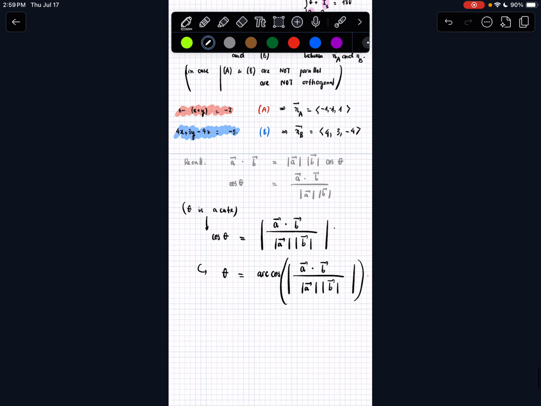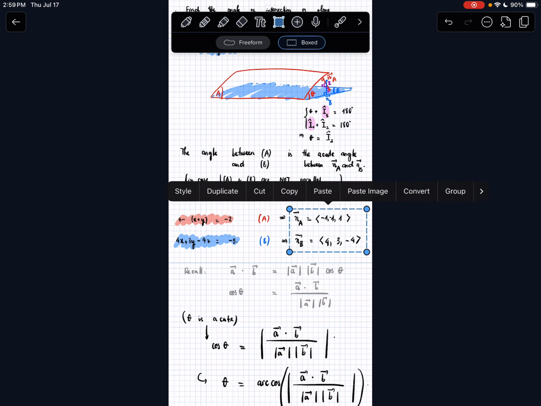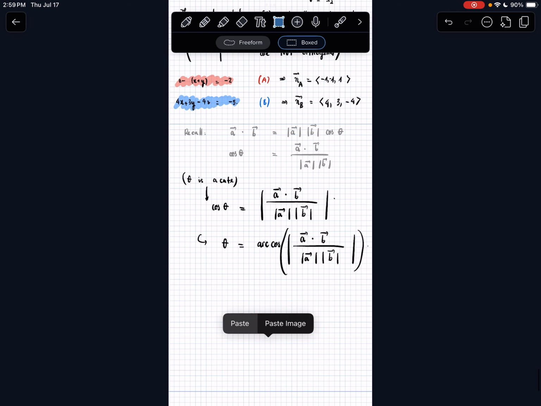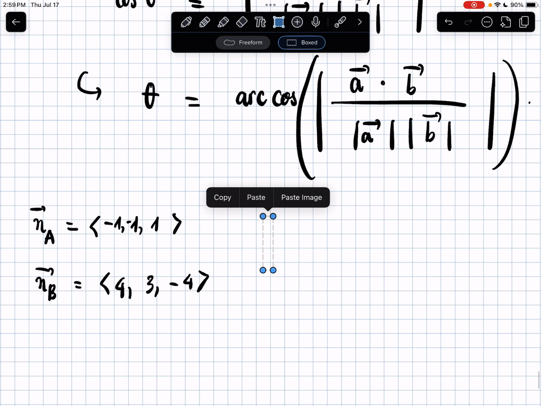Now for our data, NA and NB are given by this. So let's compute the lengths and the dot product.